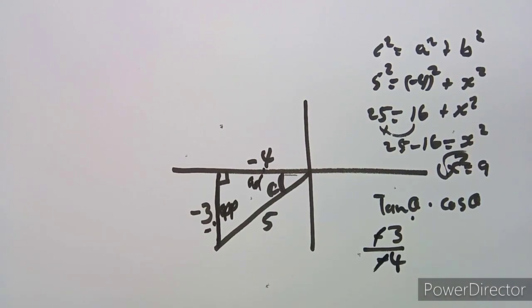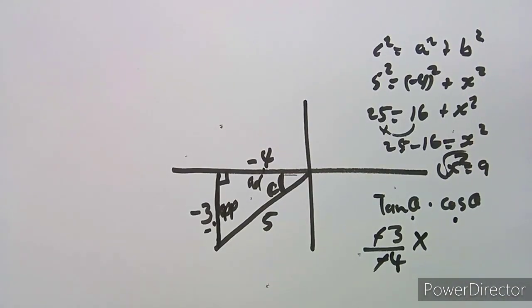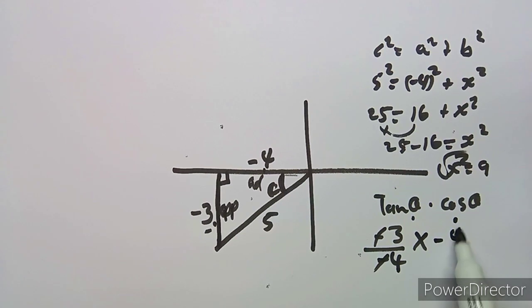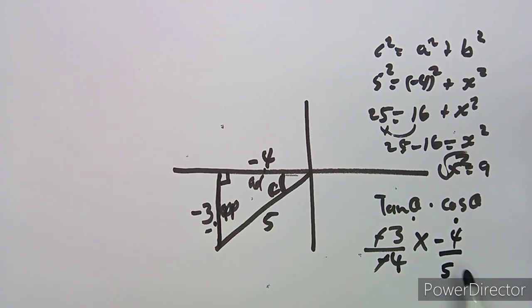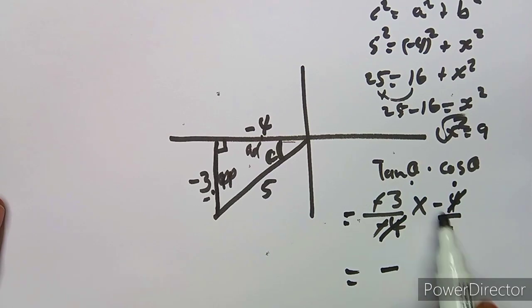Okay, so this is actually a positive, times cos theta, of which cos theta is the one that helped us to draw this diagram. If you remember where we interchanged that time, we said cos theta is -4 over 5, which was the inverse of sec. So this is going to cancel here, which is going to give us -1 over -3.